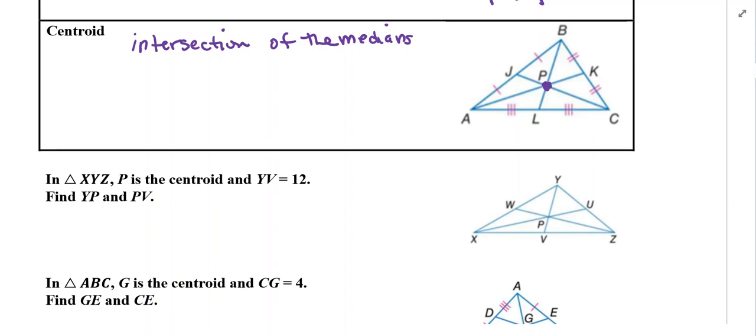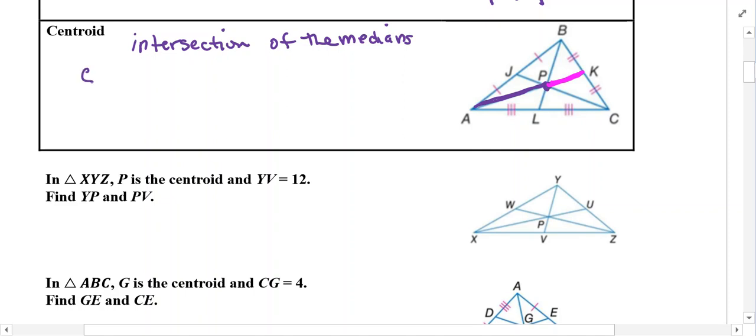One of the things that we have to remember about the centroid is that it's 2/3 of the distance from each vertex, which makes the remaining part 1/3. So in other words, this portion right here, AP, is 2/3 of AK, and then PK here is 1/3 of AK.